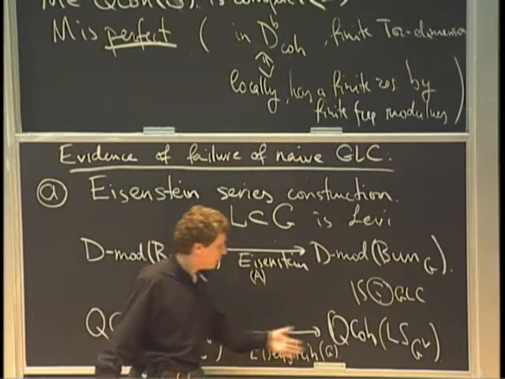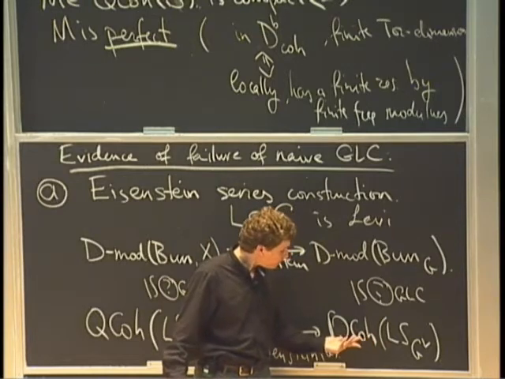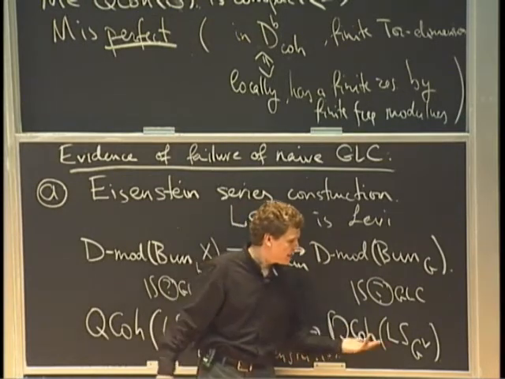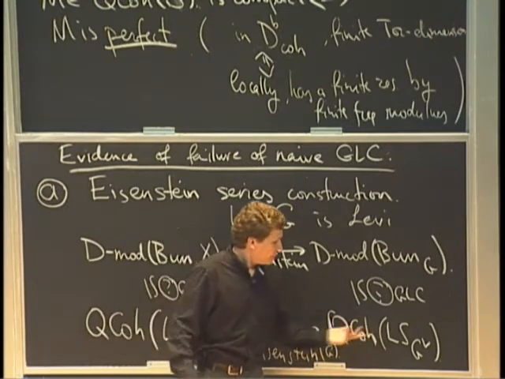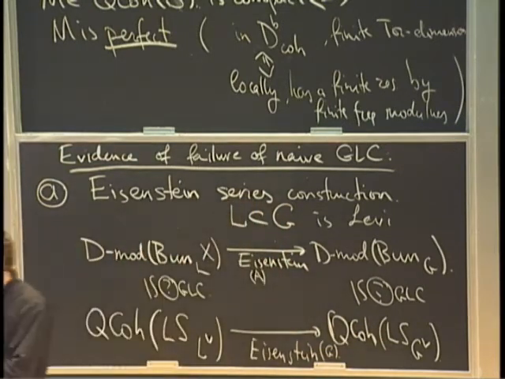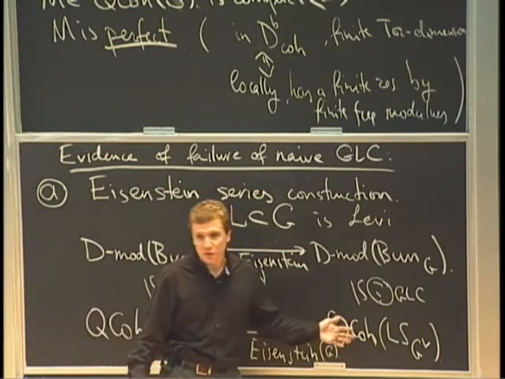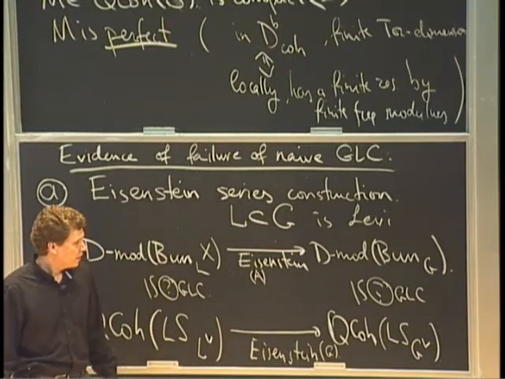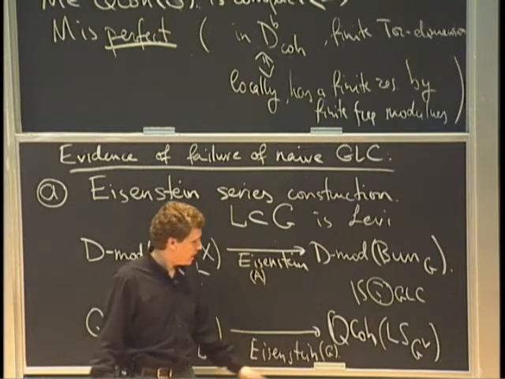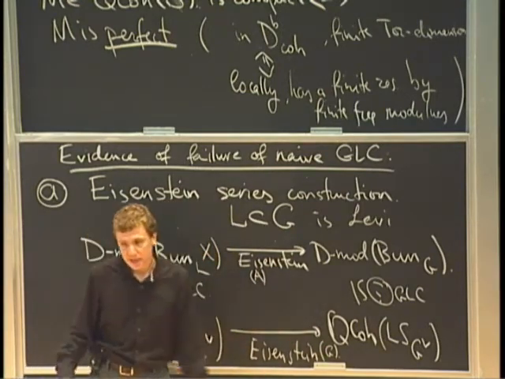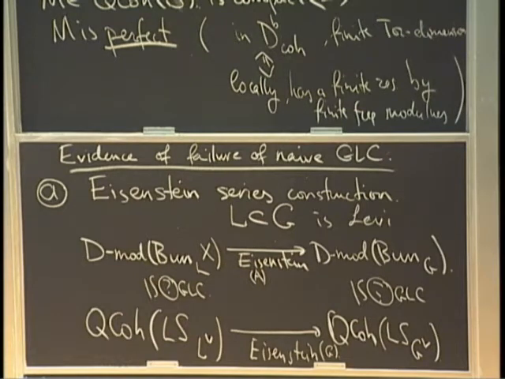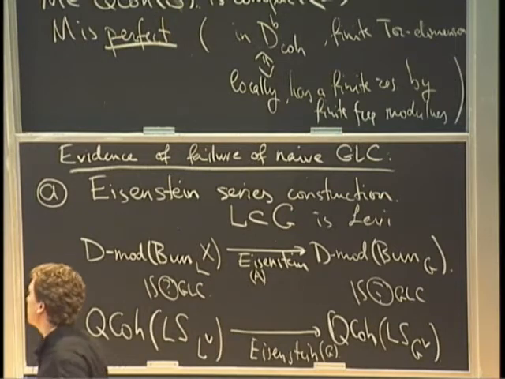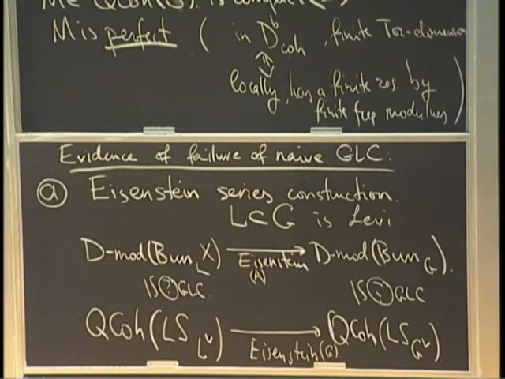Then we have this compatibility that tells us what kind of quasi-coherent sheaves they should correspond to, so how they are supposed to decompose into eigenmodules, if you like. But unfortunately, Eisenstein series have a certain property, and their image on the other side does not. So this is one way to see that something is wrong with the naive statement.